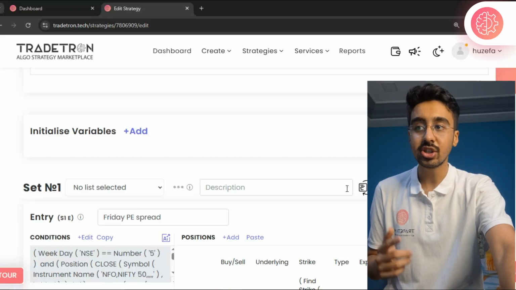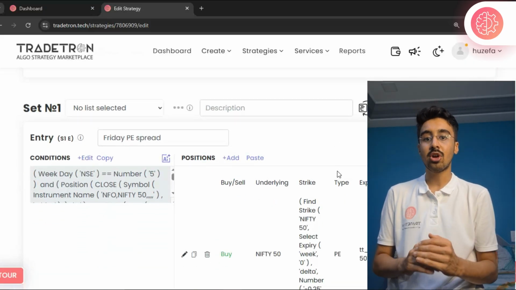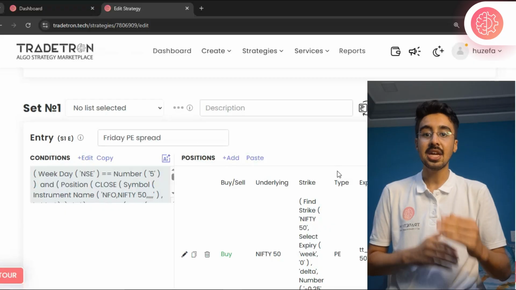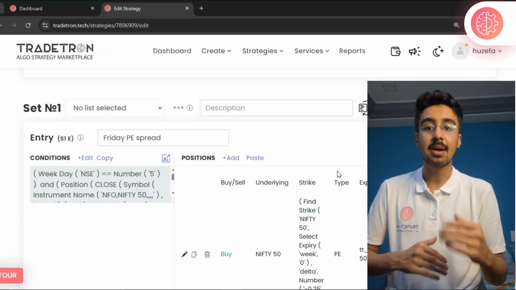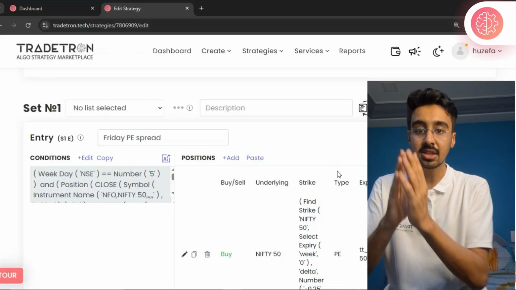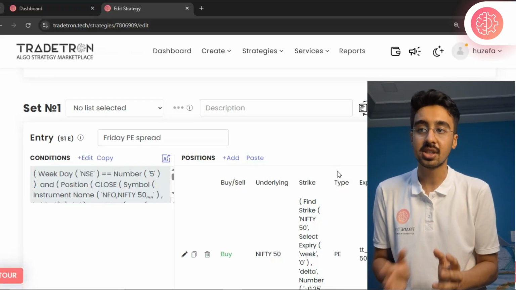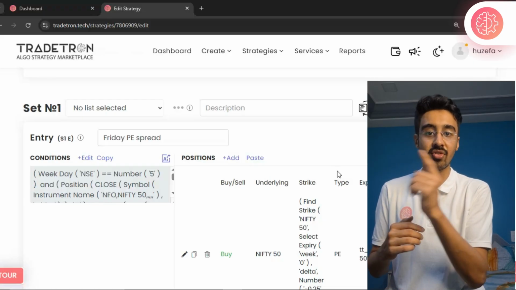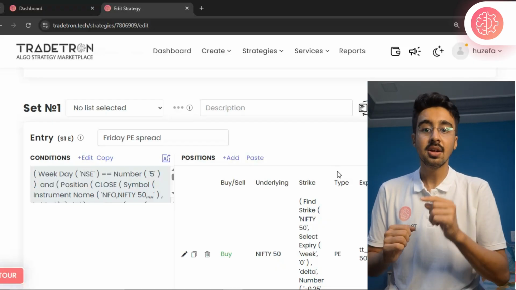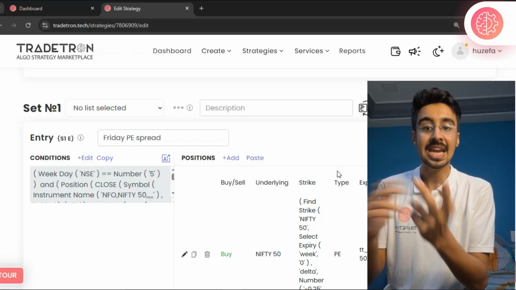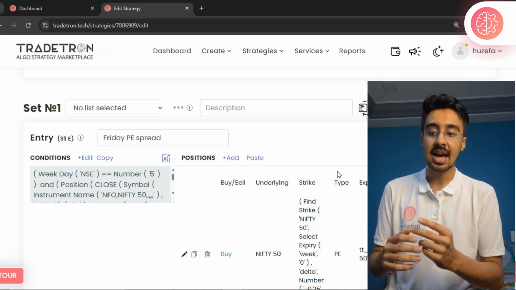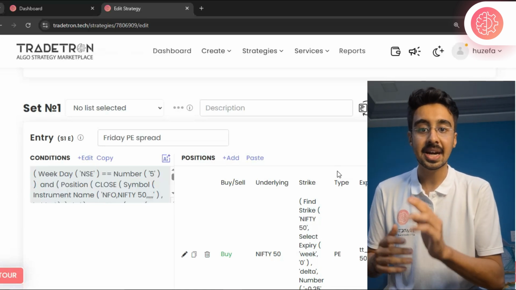In addition to that, on a Friday I'm looking at the current week expiry, and on any other day I'm looking at the next week expiry. So there are four different situations. One is that I'm on a Friday and I have a long trade. The other is that I'm on a Friday and I have a short trade. Third is that I'm on any other day and I have a long trade. And the fourth is that I'm on any other day and I have a short trade.